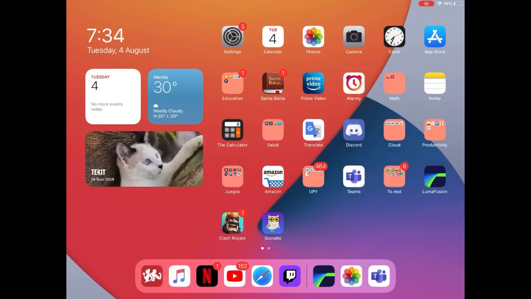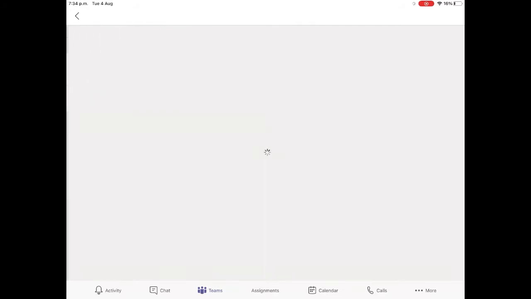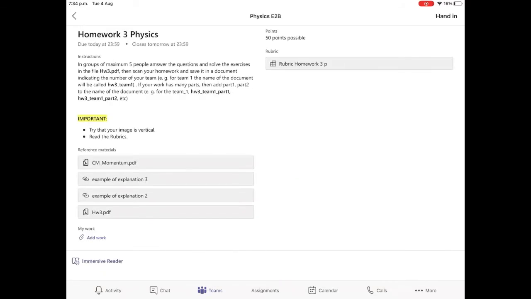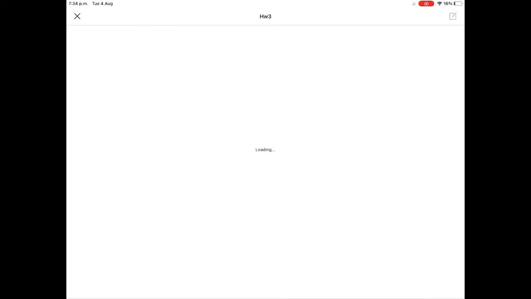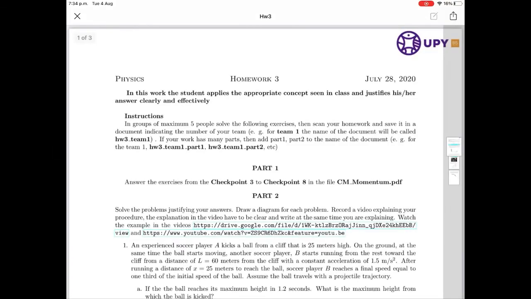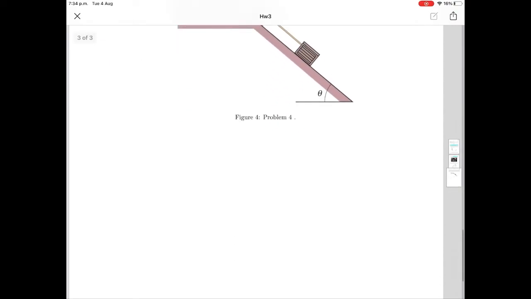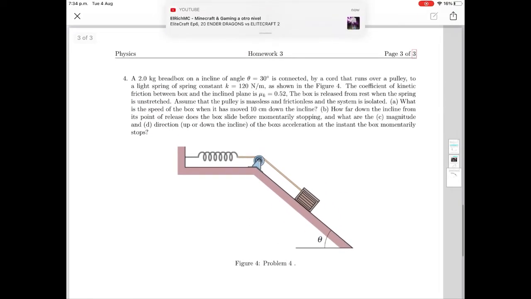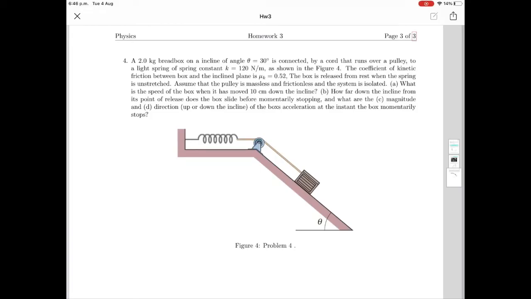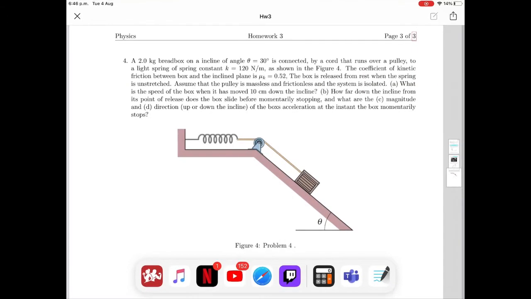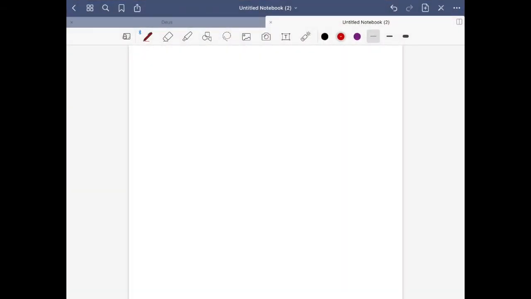Thank you for watching. My name is Jesus Guillermo Avilés Granados, and today I will be explaining exercise 4, which says: a 2.0 kilogram breadbox on an incline of angle theta equal to 30 degrees is connected by a cord that runs over a pulley to a light spring of spring constant k equal to 120, as shown in figure 4.